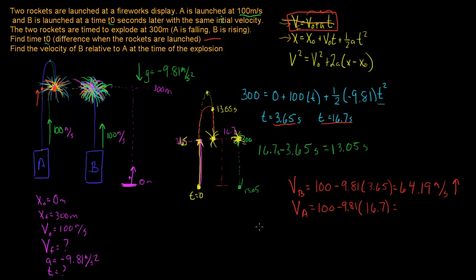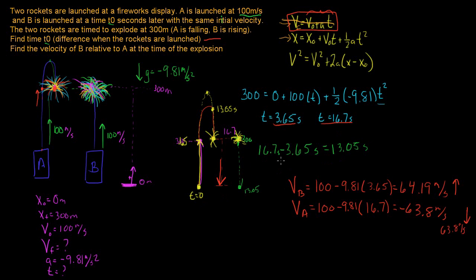So if we perform this calculation, we get the velocity of A is minus 63.8 meters per second. And notice this negative sign right here. This means that the velocity is moving downward, which is what we think it should be doing. So that makes sense. So this is actually moving downward at 63.8 meters per second.